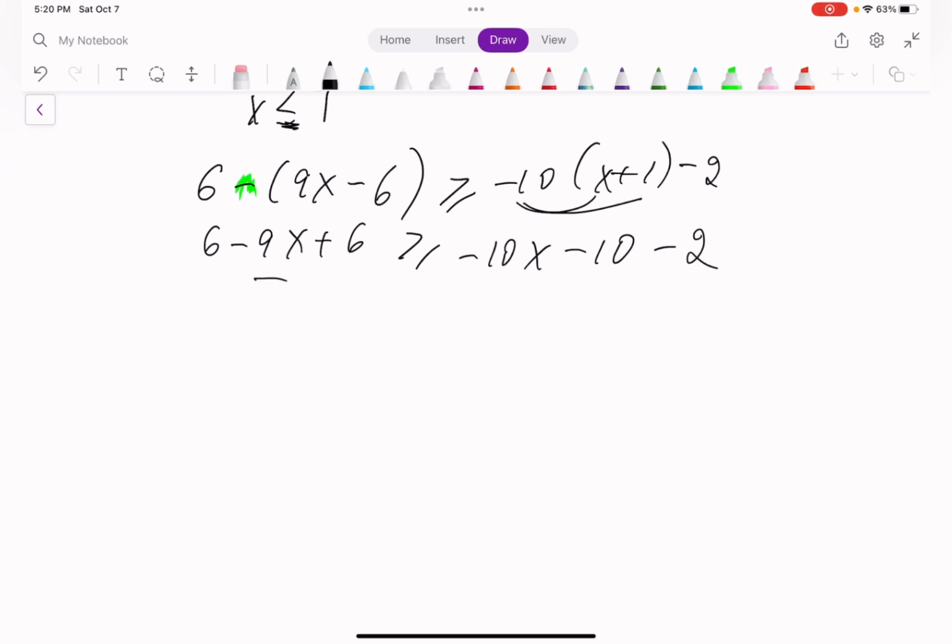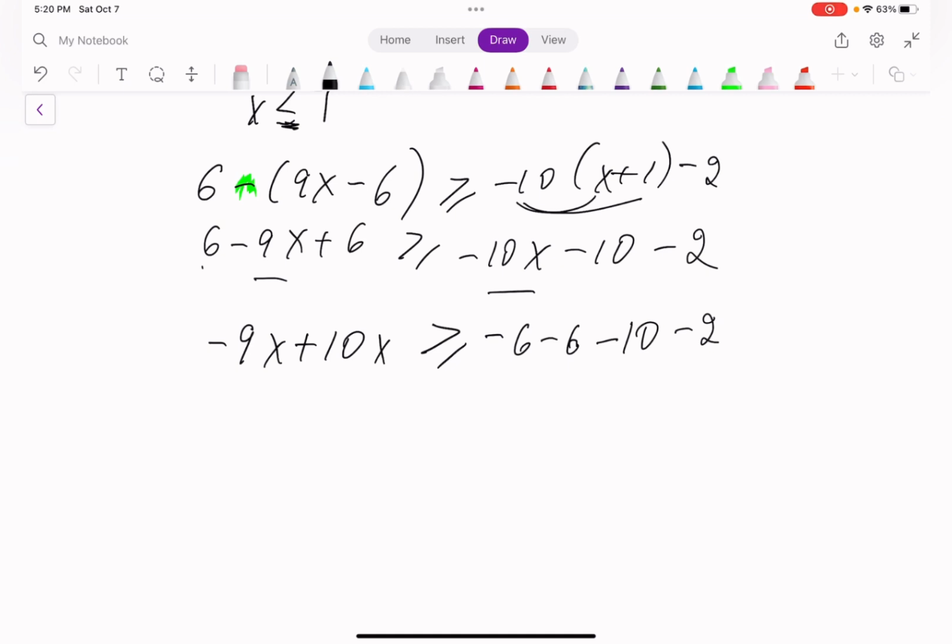So the negative 9x, negative 10x, so I'm moving it to this side, plus 10x, right? And moving this 6, negative 6, to the other side, going to be negative. Remember, I told you, you are solving it as an equation.